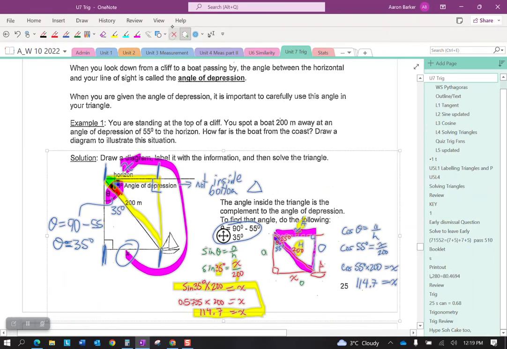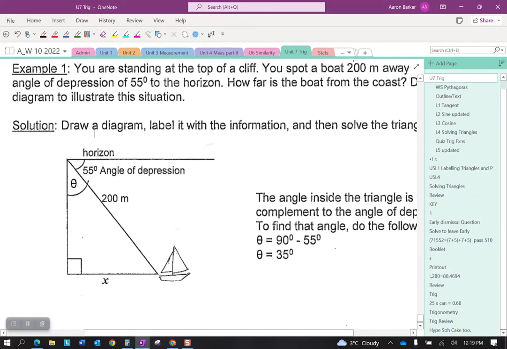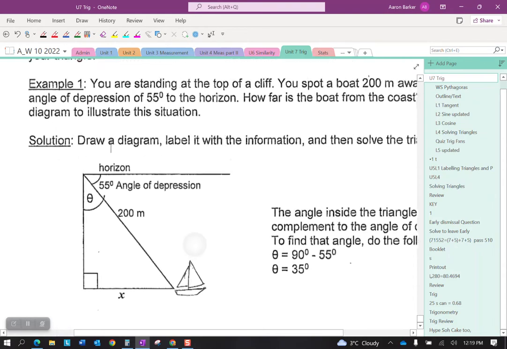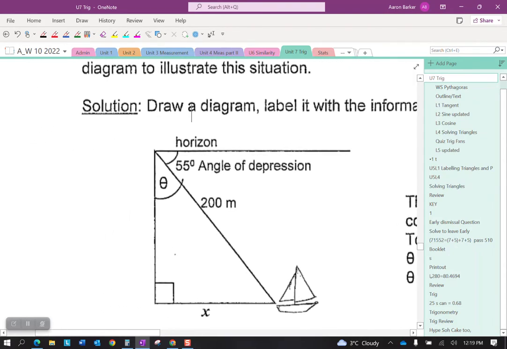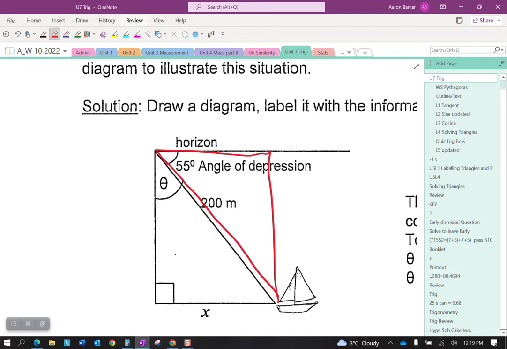So looking right here, the angle of depression is 55 degrees. Okay. You can work in this triangle then to figure out, whoops, it didn't line up. Here we go. 55 degrees is in that triangle.